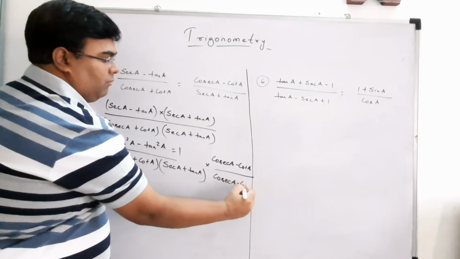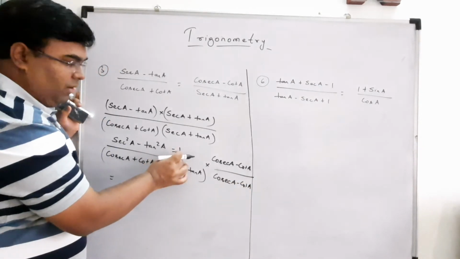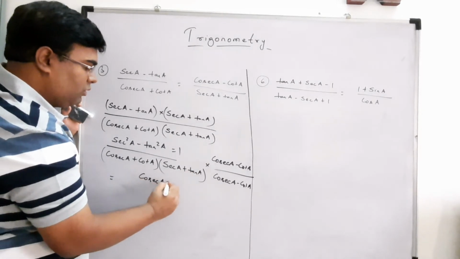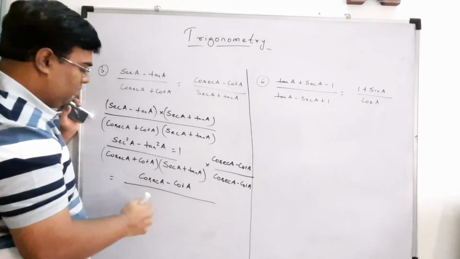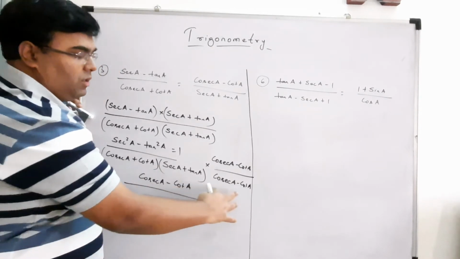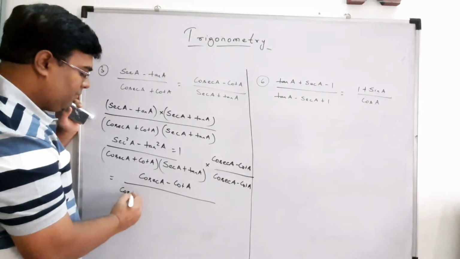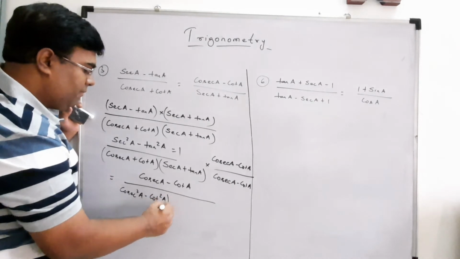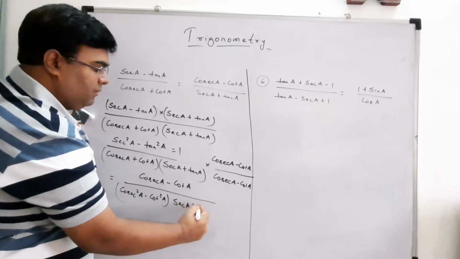so my numerator will become this 1 multiplied by this, so it will be cosec A minus cot A. This cosec A plus cot A and cosec A minus cot A will be cosec square A minus cot square A, and this we will write as it is.